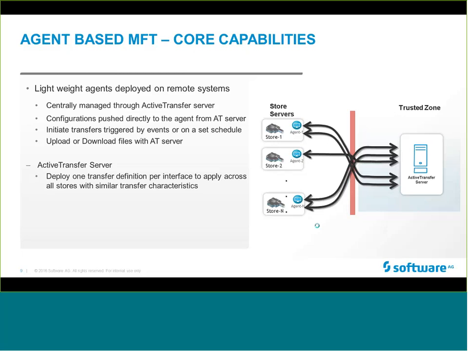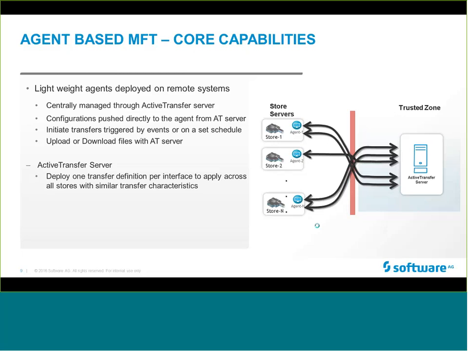And then, of course, you can upload or download files with the ActiveTransfer server, which is installed in the central environment. The other capability we're offering on the ActiveTransfer side is that a lot of the time the file transfers are not unique to a particular remote agent, a particular store, or a particular branch.